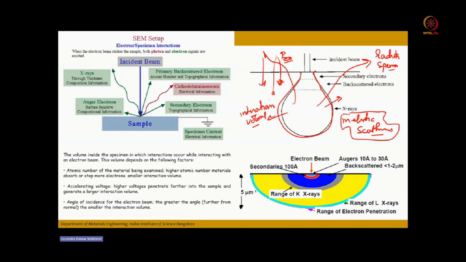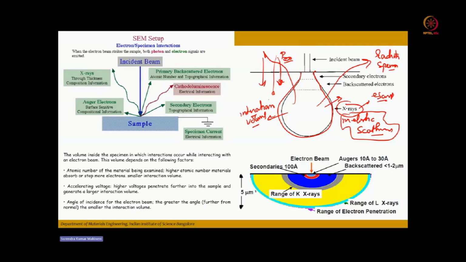For example, the X-rays generated in the sample cannot be absorbed easily by the specimen. Mostly these will escape because of the high energy.